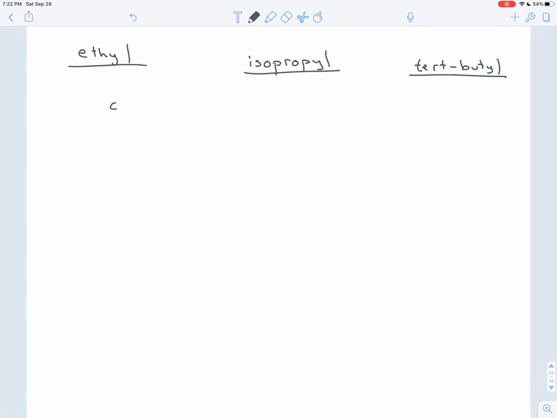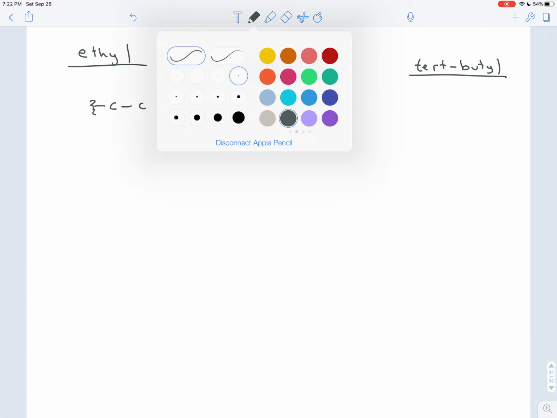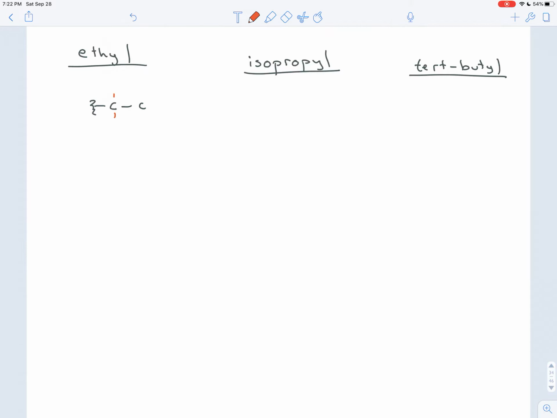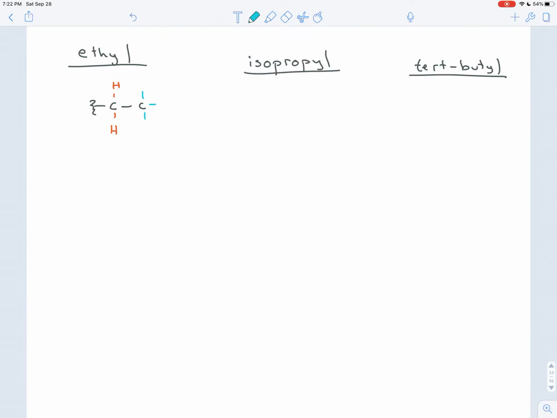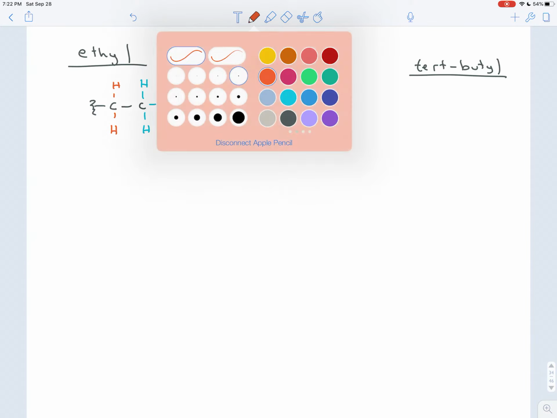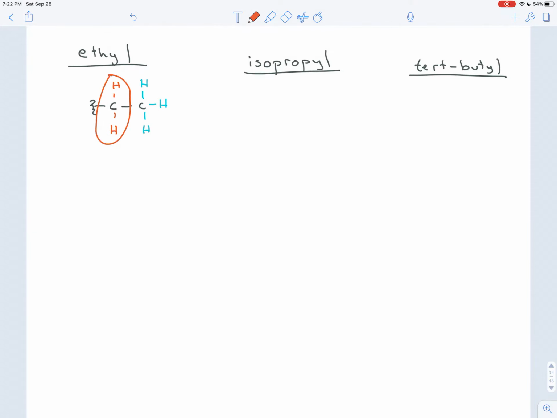So first, an ethyl branch. I'm going to put a little squiggly line for where the branch is attaching to the parent chain. And in an ethyl branch, you have two carbons. The first one has two hydrogens, and the second one would have three hydrogens. Now the splitting pattern for these orange ones: they're next to three hydrogens.